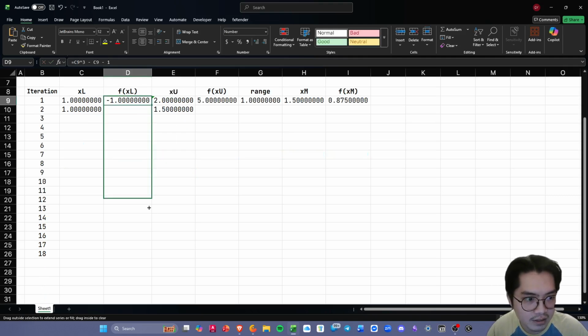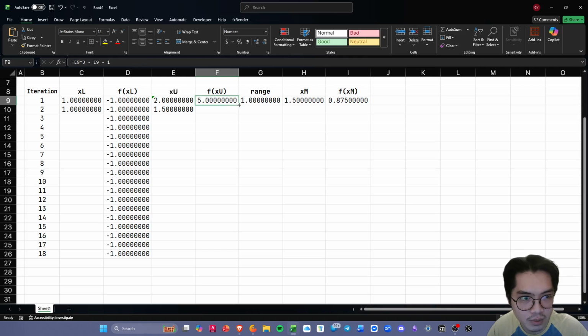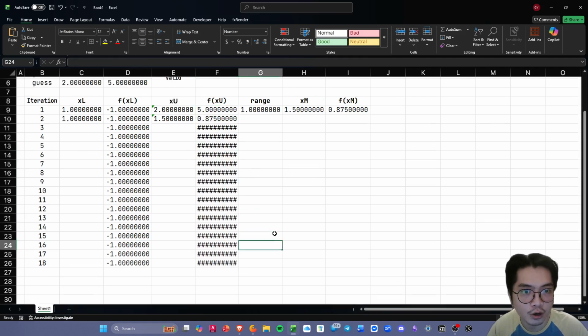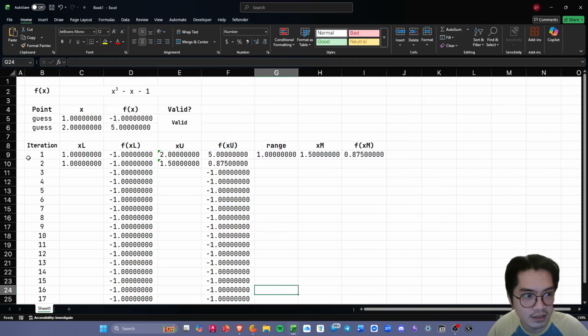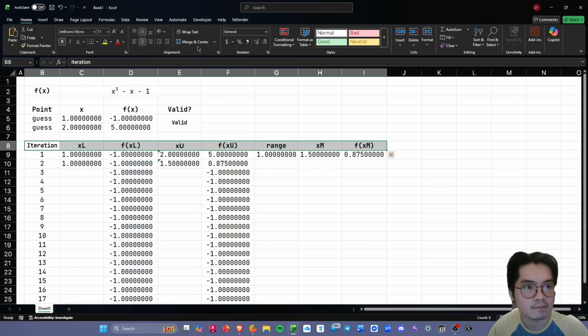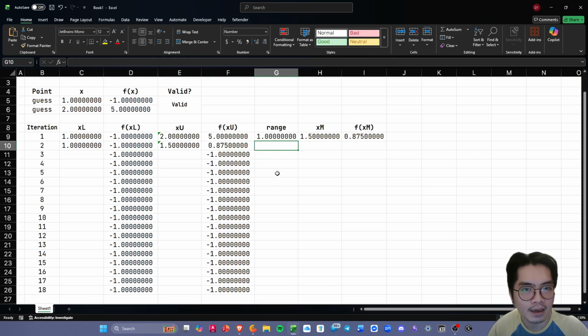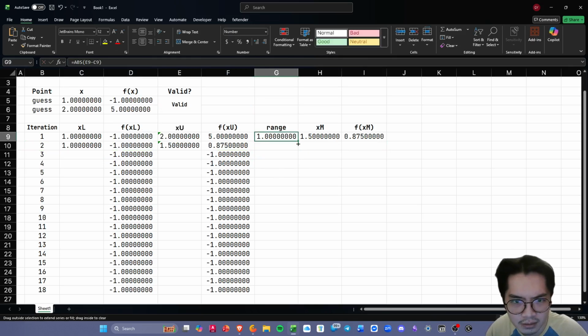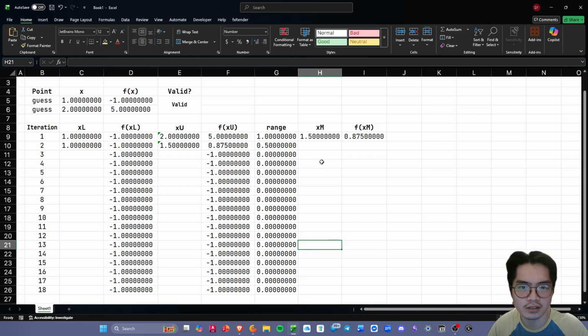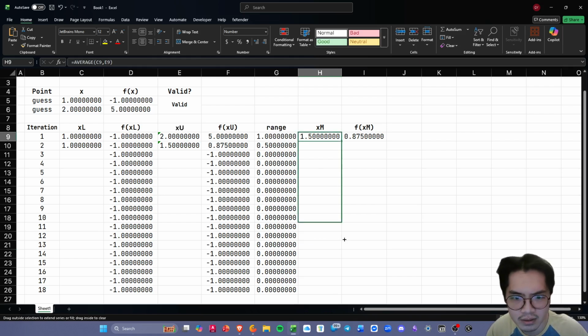I will drag this down as well. There you go. And then let's extend these a little bit. The range is going to be, actually, we can drag this down as well. There it is. And now the XM, we can drag this down as well.